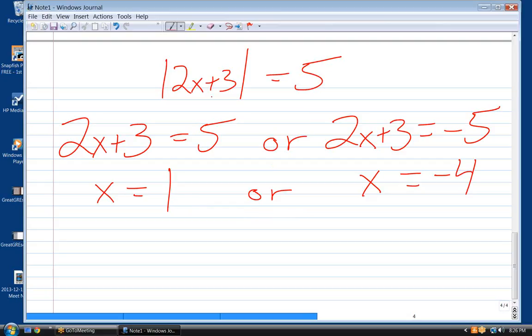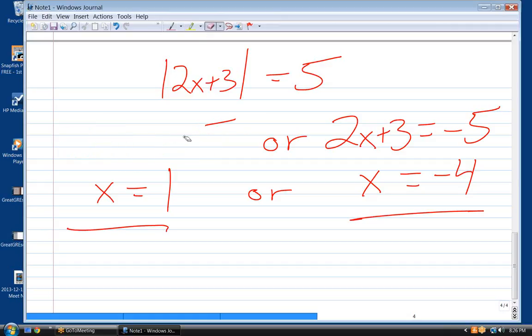Well, does 1 work? Yeah. 2 plus 3 is 5. Absolute value of 5 is 5. Does -4 work? Well, 2 times -4 is -8. Add 3 to it, you get -5. Absolute value of -5 is 5. So yes, both of them work. So that one doesn't have extraneous solutions.